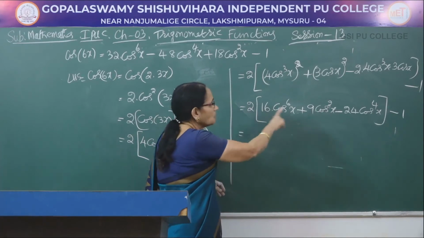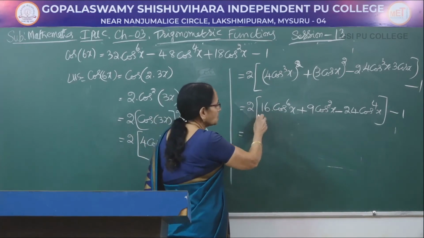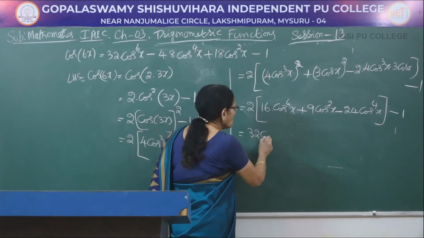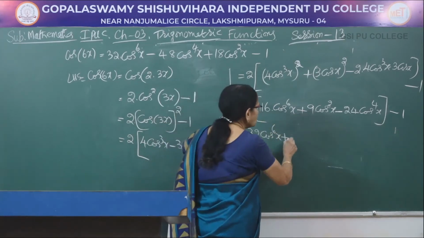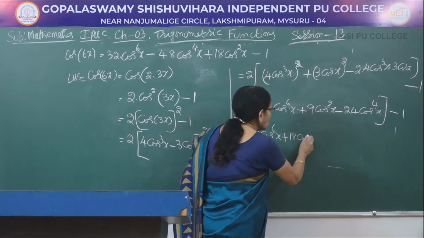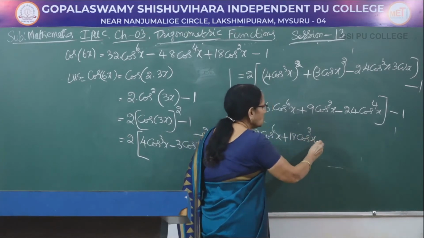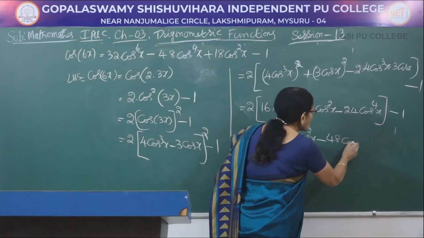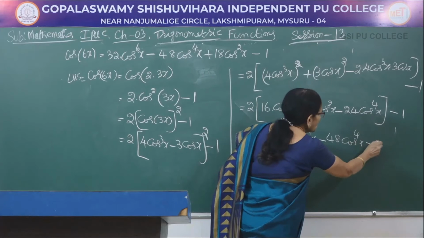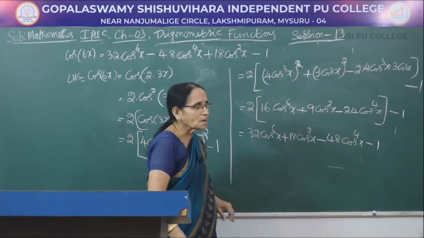Now finally multiply all of them. 2 16s are 32 into cos to the power 6x. 2 9s are 18 into cos square x, minus 2 into 24, that is 48 cos to the power 4x, and that minus 1 I am writing as it is.